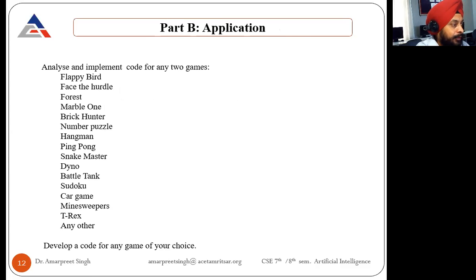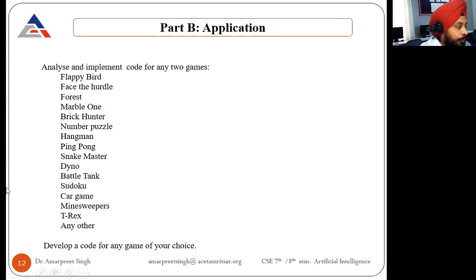After doing this, in Part B you have to make a small application. In a small application, you can make some game. These games were already made by previous batches, so you will not be allowed to make them. If you want to make a game, you can make a new game other than this list.